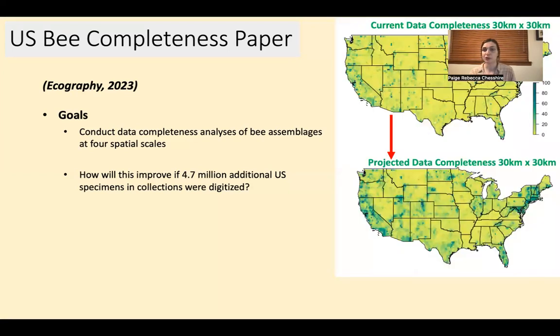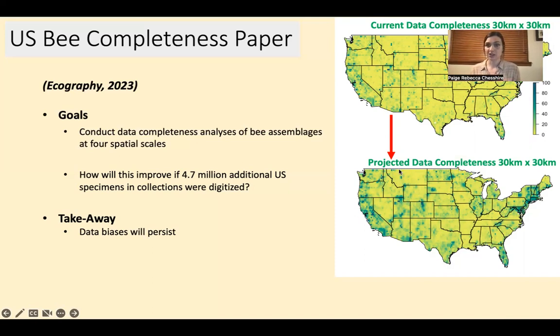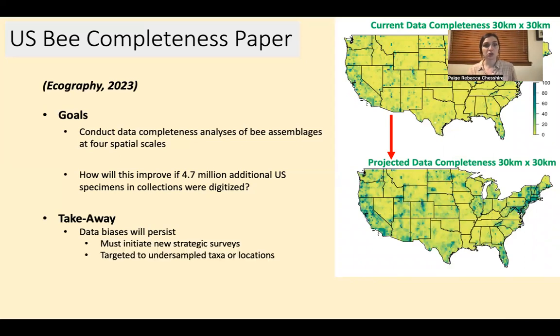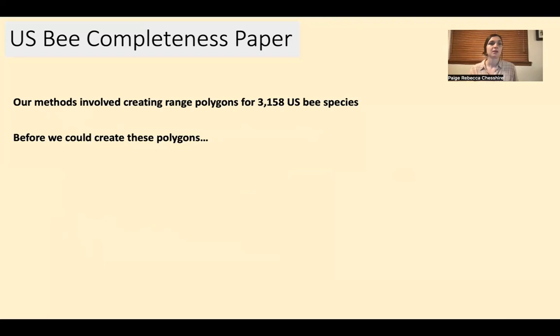So we projected 4.7 million hypothetical data points, added those to our data set, and we found that even when we projected data completeness with an additional roughly 5 million records, the data biases that we see now will still persist. So we do need to initiate new strategic surveys, and we do need to target undersampled taxa and locations. Our methods for this involved creating range polygons for 3,158 USB species.